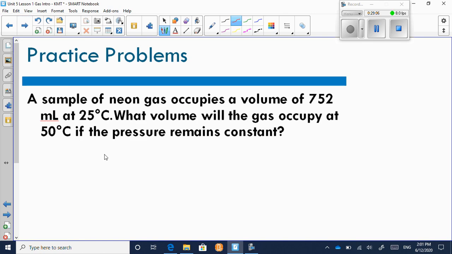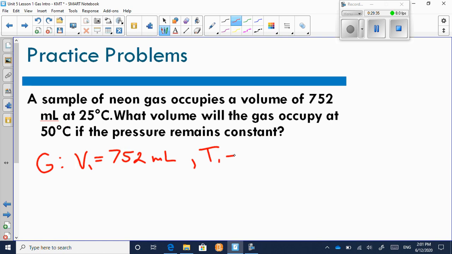So here we go. Let's try a problem. It says a sample of neon gas occupies a volume of 752 milliliters at 25 degrees Celsius. What volume will the gas occupy at 50 degrees Celsius if the pressure remains constant? So here we go. Let's start our question. Given: it occupies a volume, so V1 is equal to 752 milliliters.